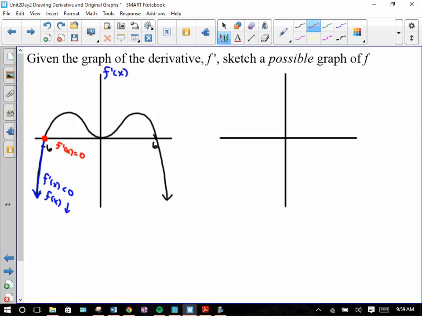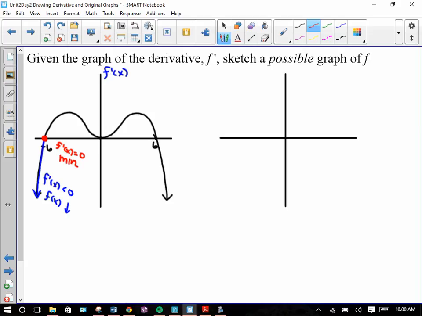Now, let's just try and do this before you look at it. If f of x is decreasing here, and then f prime of x is positive up here, that means that f of x is going to start increasing after negative 6. So if we go from decreasing to increasing, what does that tell us? This is going to be a 0 or a minimum? Good. So this is going to be a minimum.